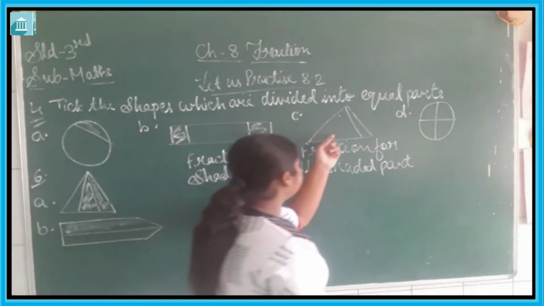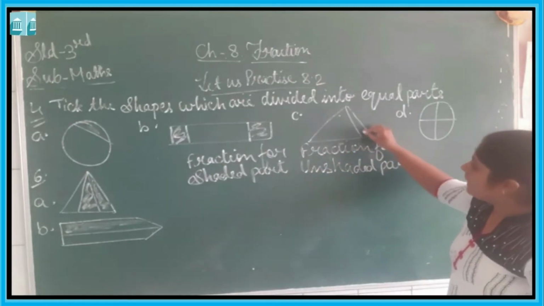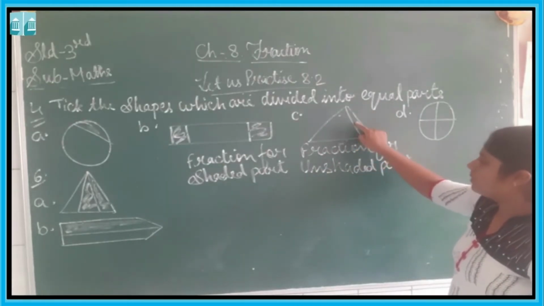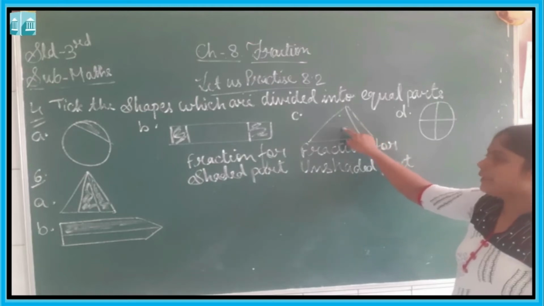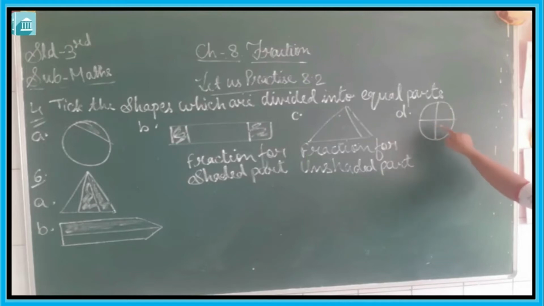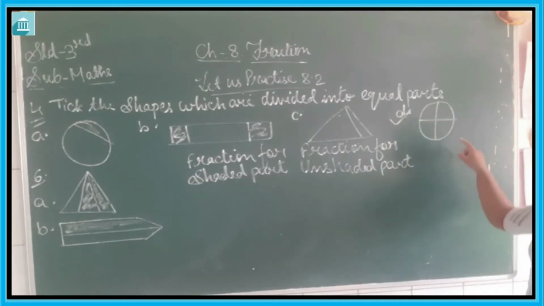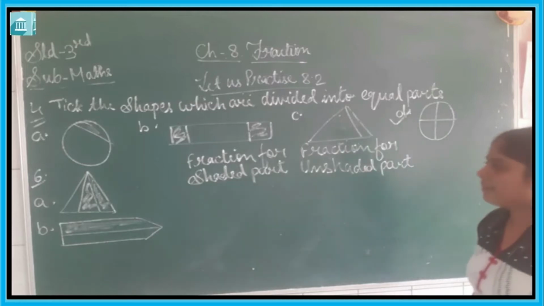In this third figure, a triangle is given to you, but compare the two, they are not equally divided. In D, there are 4 parts and the 4 parts are equally divided. So the fourth figure is the right answer.